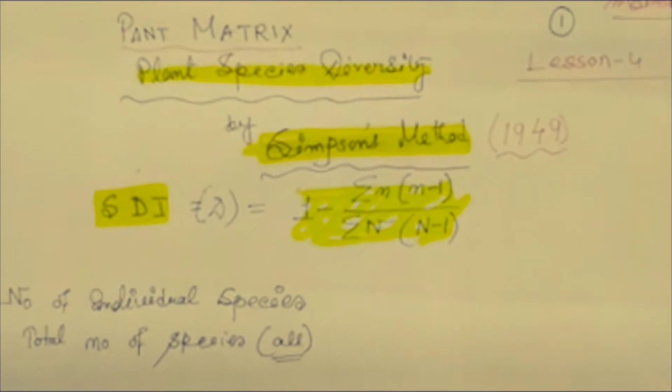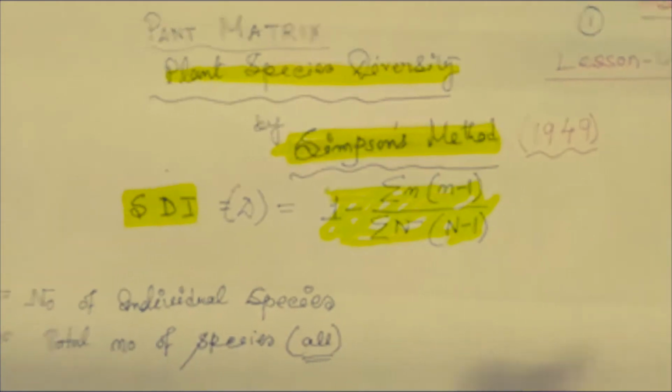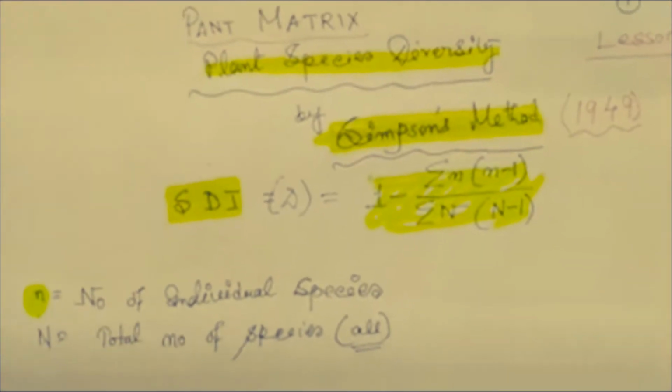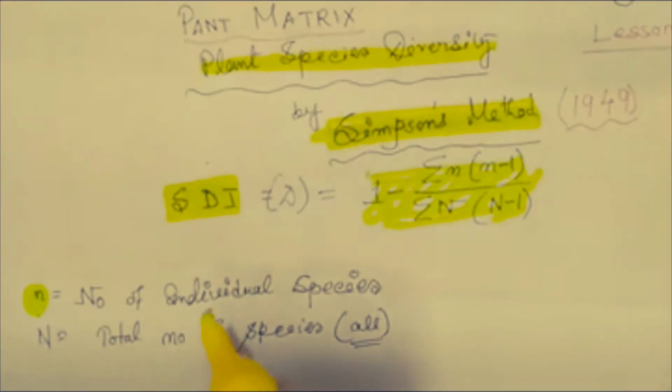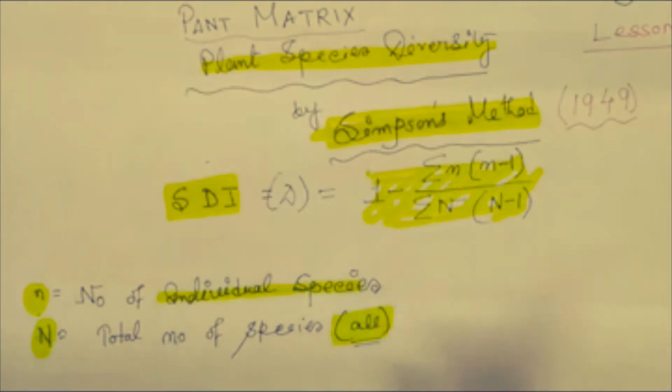Now come to the abbreviations. Small n is the number of individuals of each species, and capital N stands for the total number of individuals of all the species. It includes all the species, while small n is for the individual species.